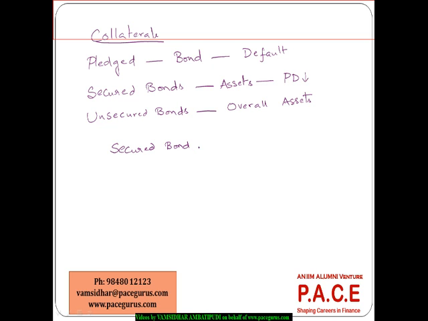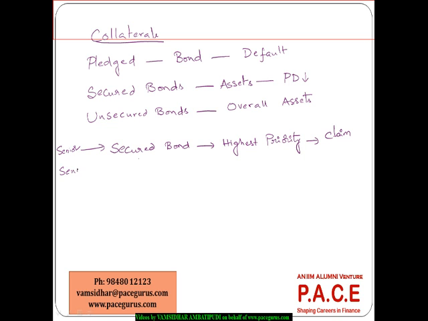Any secured bond has the highest priority in case the company is winding up. In case the company has gone bankrupt or is liquidating, this set of bond investors would have the highest priority on the claim, right? The next in line are typically called senior debt, senior secured.